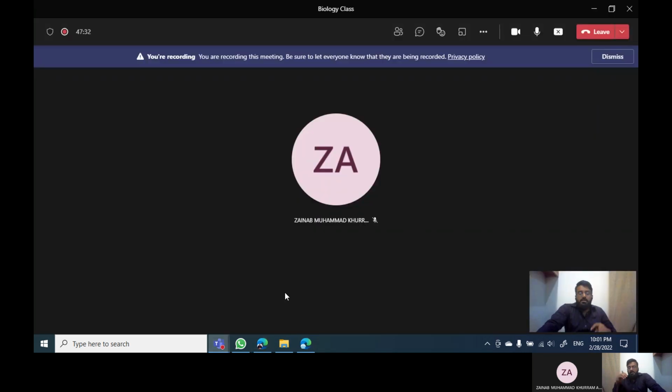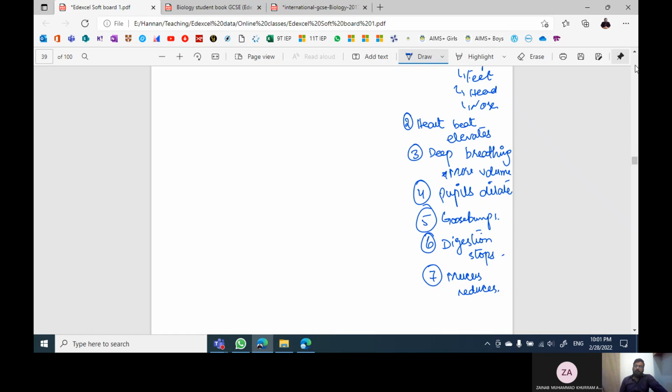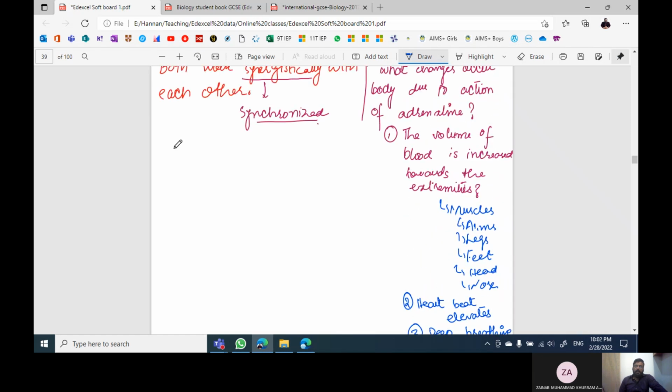If you are constantly suffering with stress, the mucus in your digestive system reduces. And you can guess what would happen in the stomach if the mucus reduces. Mucus is actually alkaline. You know very well when acid and alkali react, what happens?